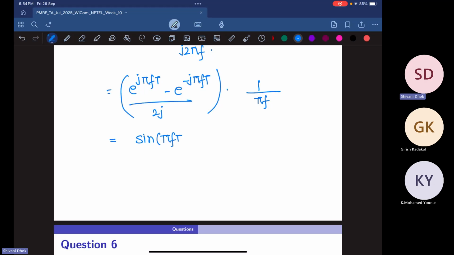Sine of pi f t divided by pi f, and for symmetry I'll just multiply and divide by t. So this comes out to be equal to t times sine of pi f t upon pi f t.